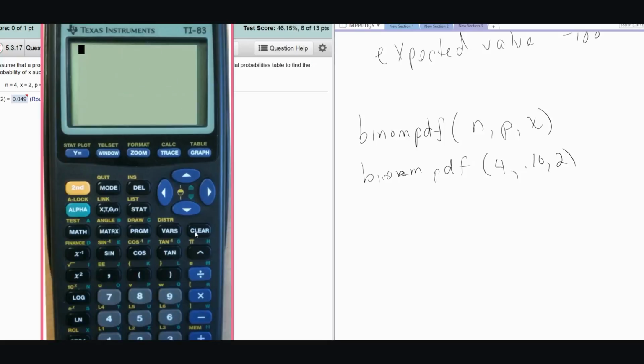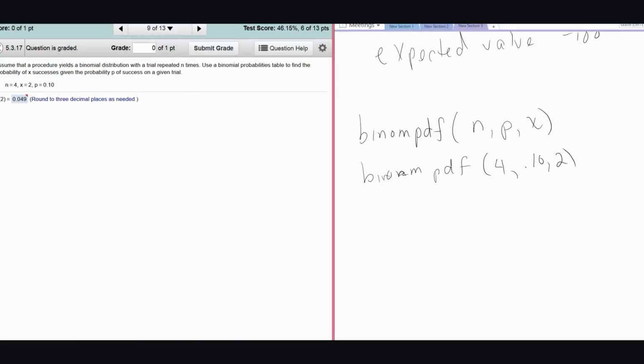We go to second distribution, binomPDF, and put in 4, comma, 0.1, comma, 2. Okay, and we get 0.0486, which it tells us to round to 3 decimal places, so it rounds to the answer they had.